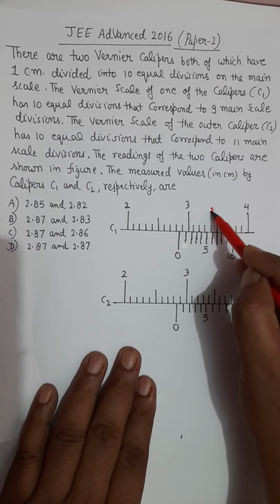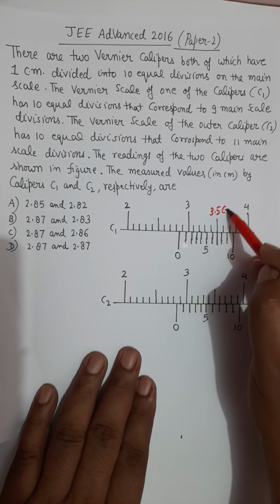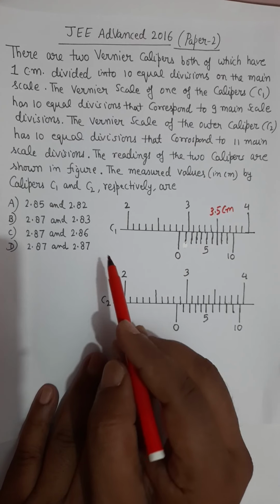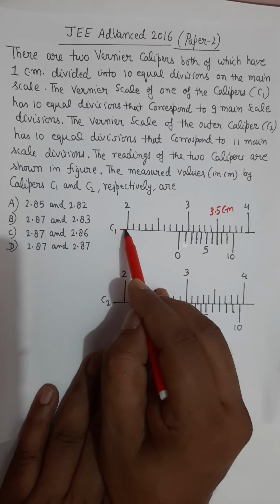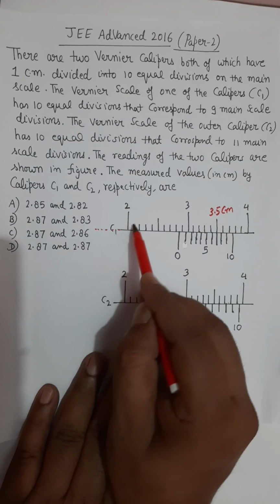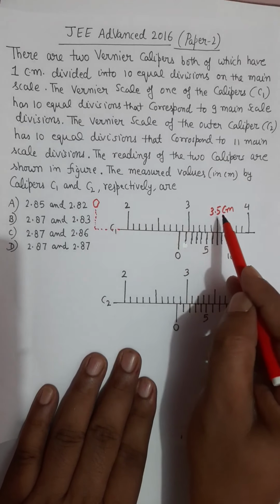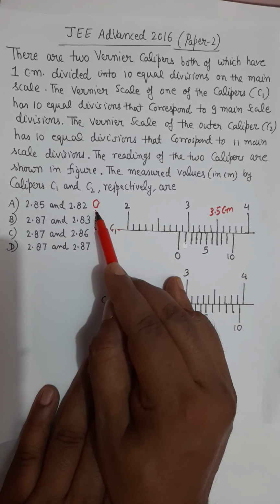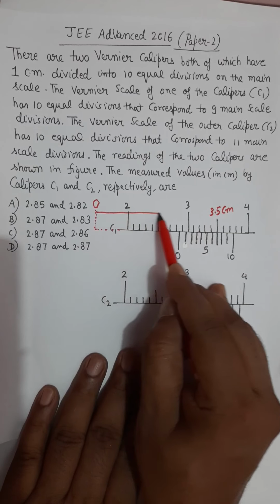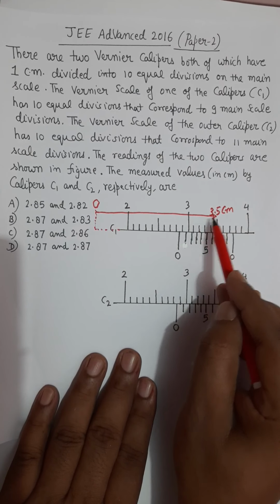So you have 3.5 centimeter at this point. So if 0 of main scale will be somewhere to the left side, and it is 3.5, it means from the 0 of main scale, you are 3.5 centimeter ahead.